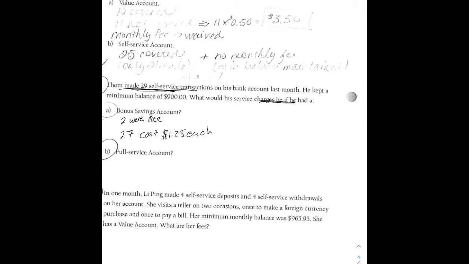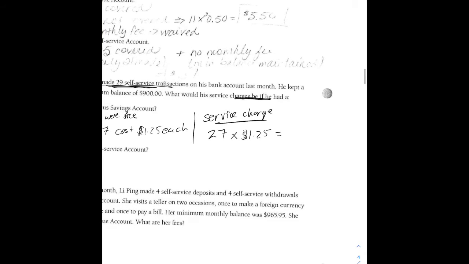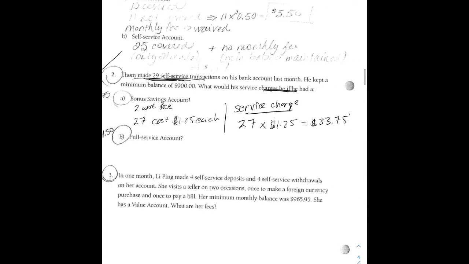Well, the service charge is just how much did each of those transactions that cost money cost him? So it would be 27 times $1.25 because each transaction costs $1.25. If we open up our calculator, $1.25 times 27 gives me 33.75. So there's how much it cost him to do that.